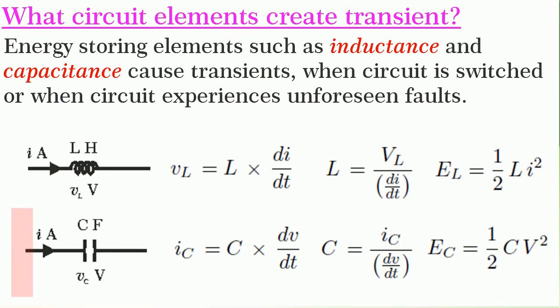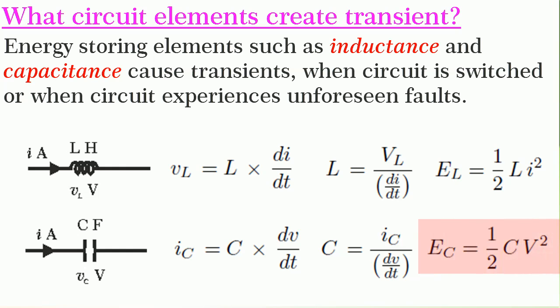Similarly, current through the capacitance IC is equal to C into dV by dt, or C is equal to IC divided by dV by dt. What does this mean again? Friends, capacitance is a property of a circuit element which will oppose the change in voltage across it. You see that dV by dt is appearing in the denominator in the equation of capacitance.